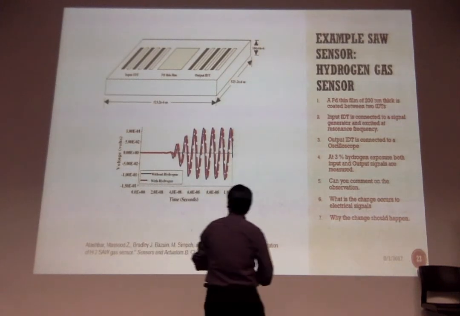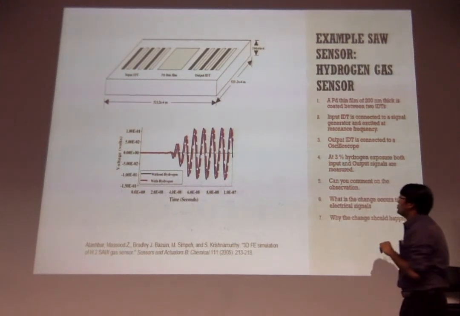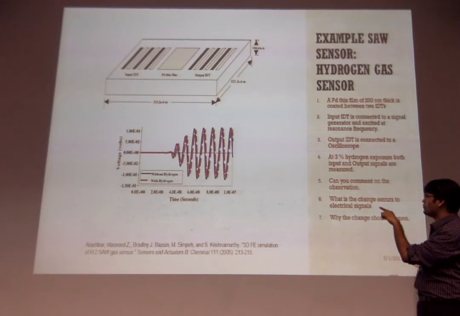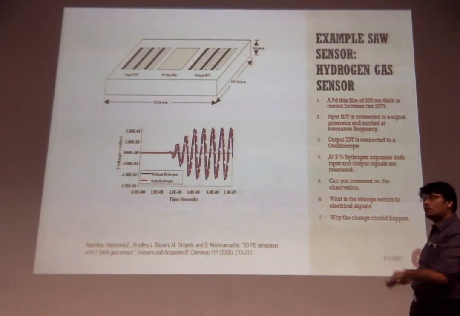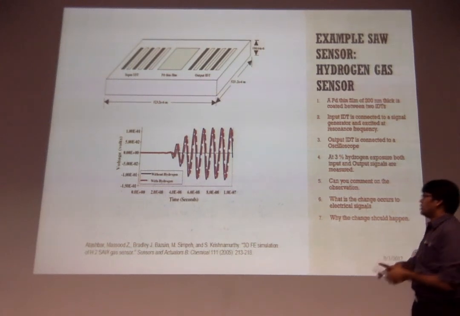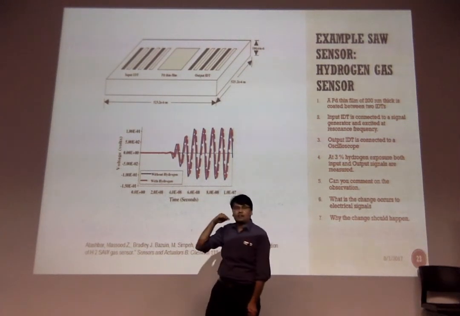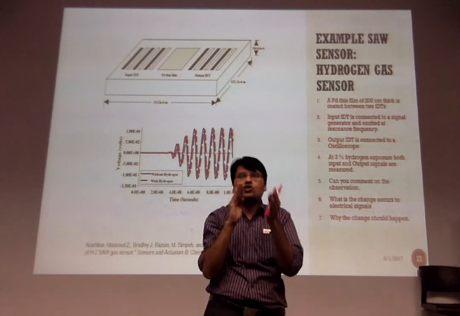What you see in blue is the electrical signal that was collected at the output IDT when there was no hydrogen. But when there was 3% hydrogen, the red signal has shifted a little.